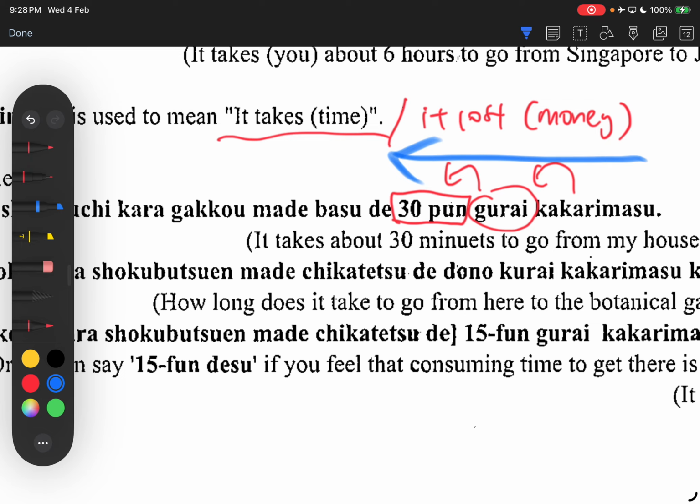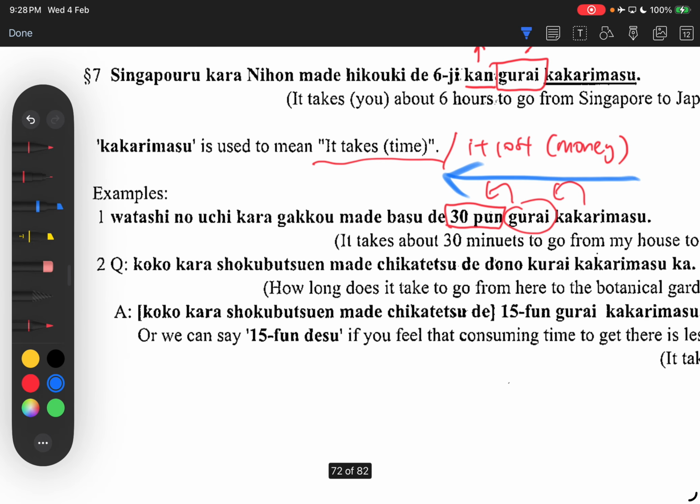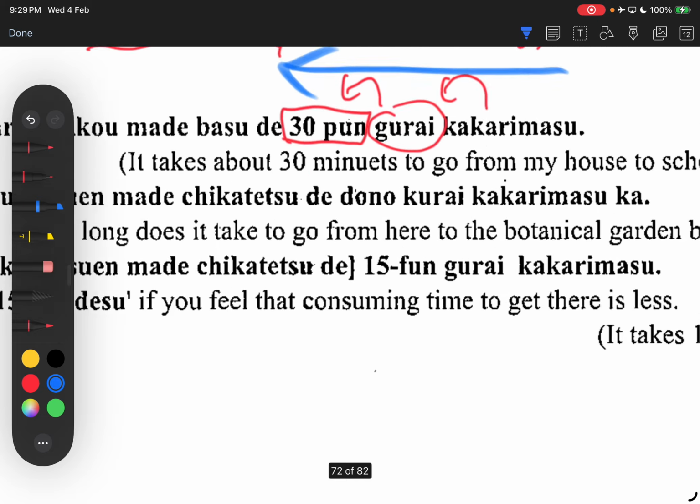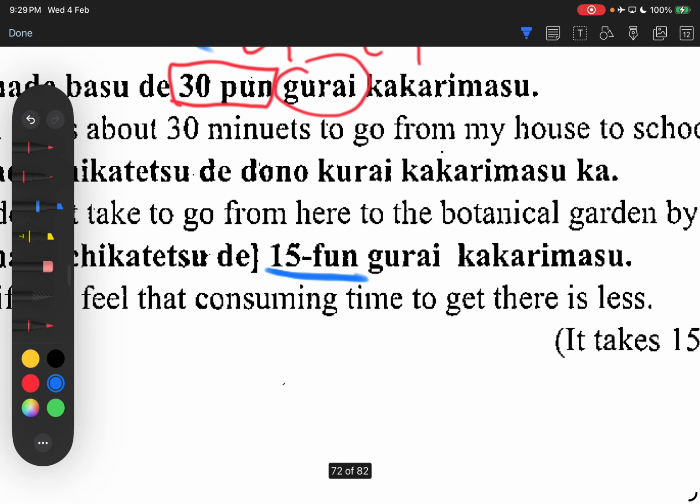There's nothing that says you cannot use kurai or gurai. Both are the same, that's why they are used interchangeably. Okay, next. A replies 15分ぐらいかかります. So 15 minutes, it takes. So it takes about 15 minutes.